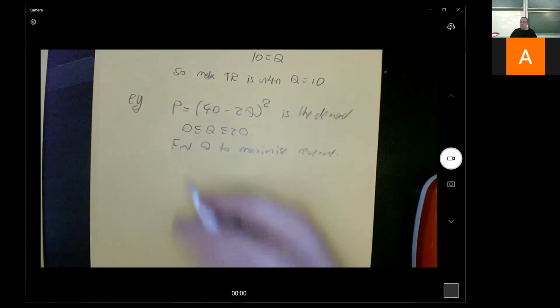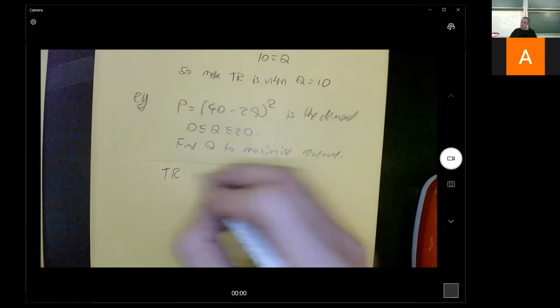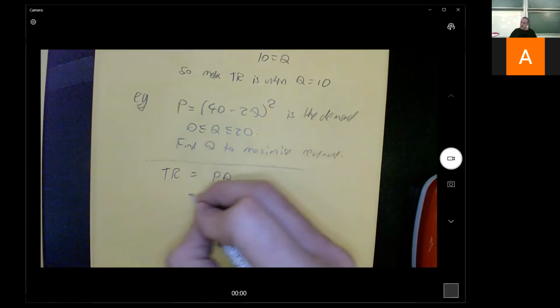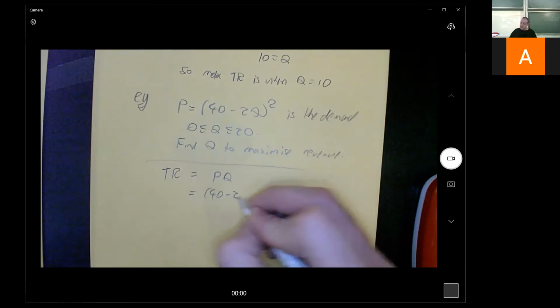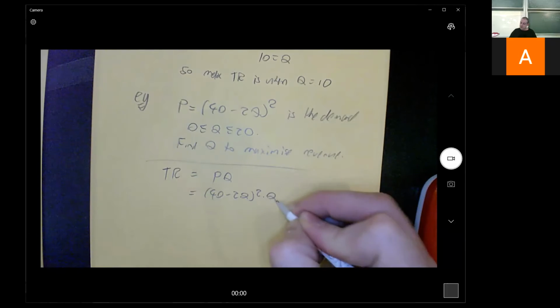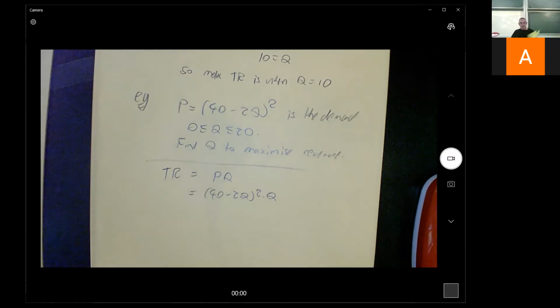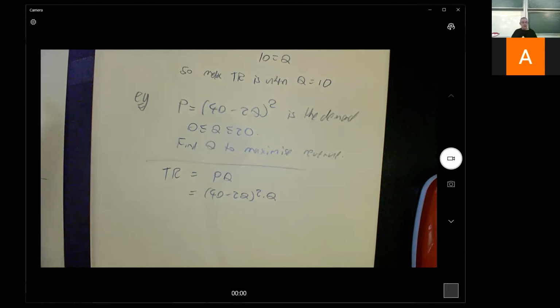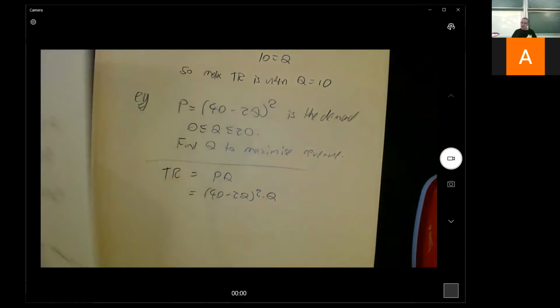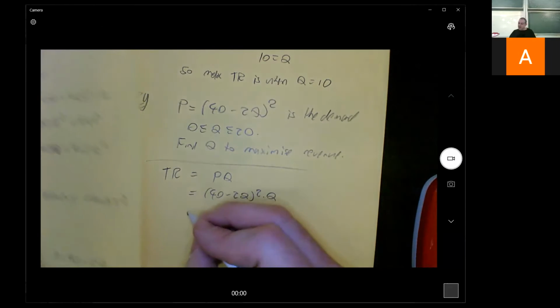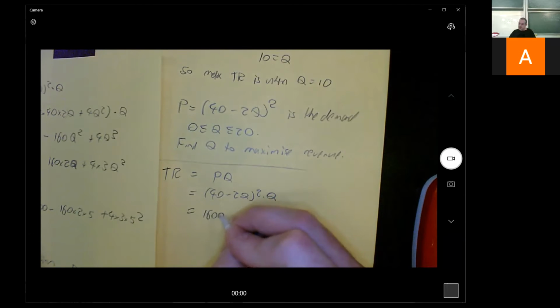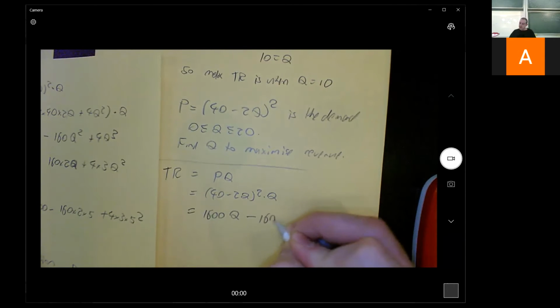So in that case, my total revenue, we already figured it out, it's P times Q. And I already expanded this out earlier because I feel like doing the expand out version.